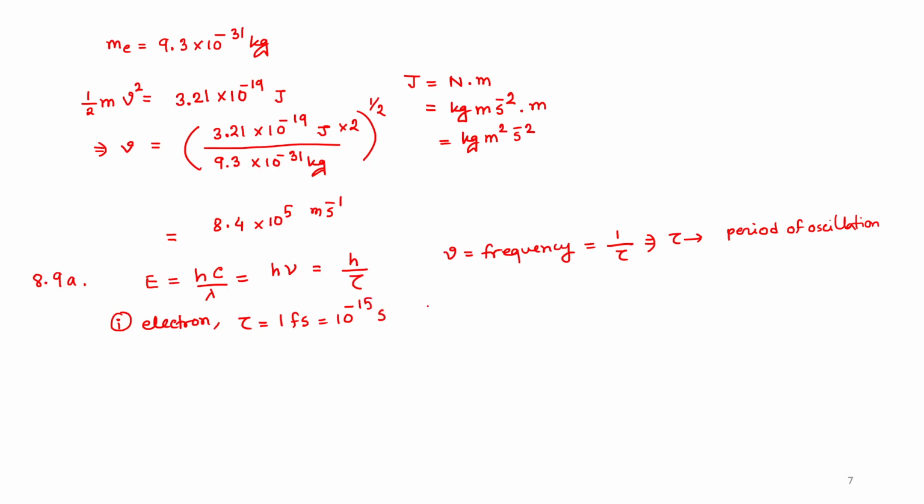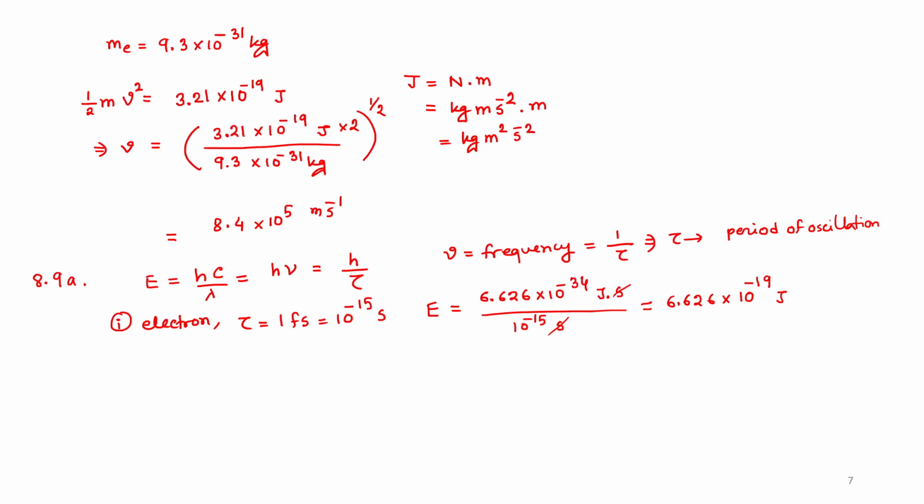So energy would be 6.626 into 10 to the power minus 34 joule second divided by 10 to the power minus 15 second, and it will be 6.626 into 10 to the power minus 19 joule. Right? So this is in joules.